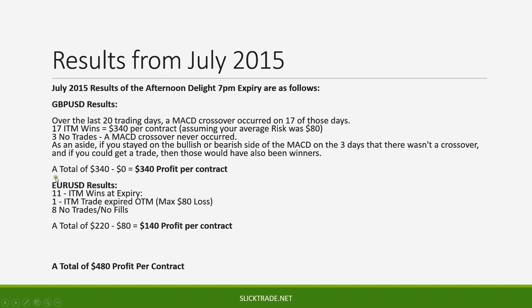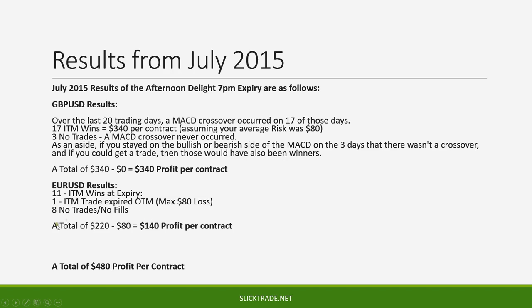The Euro USD had 11 in the money wins and 1 in the money trade, which expired out of the money. Again, this is at my highest risk to reward, which is 80. It doesn't mean that you couldn't get in at a better price on these. I'm just giving you an example. So that was an $80 loss. And there were 8 no trades, no fills.